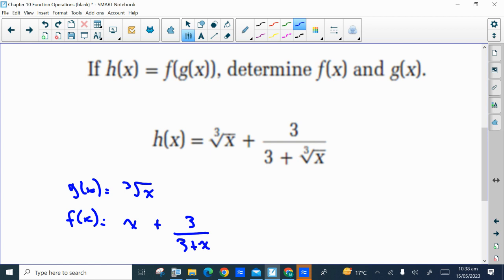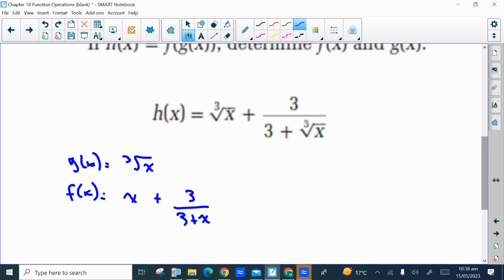If you embed g into f, if you replace the x's with the cube root of x, you will get h. So that is one possibility for g and f, probably the most straightforward one. There may be others, but this one's pretty straightforward.